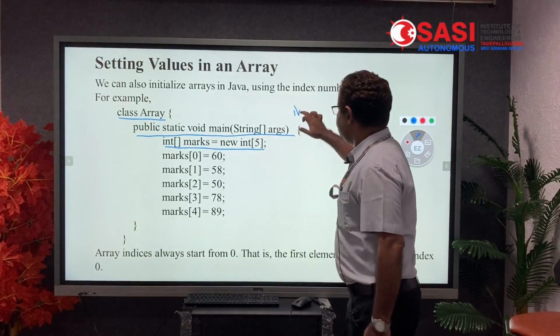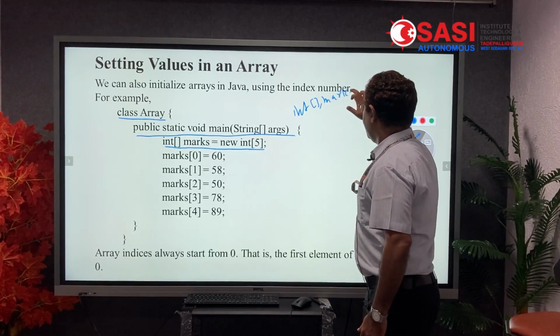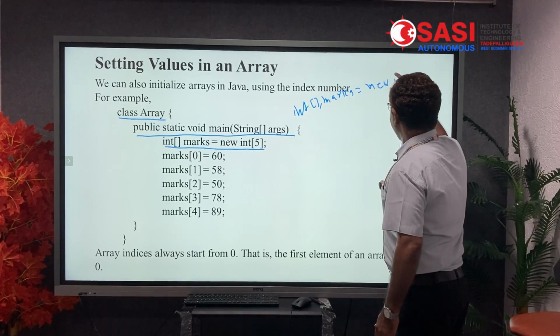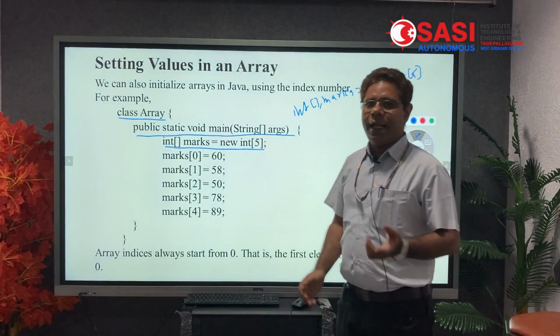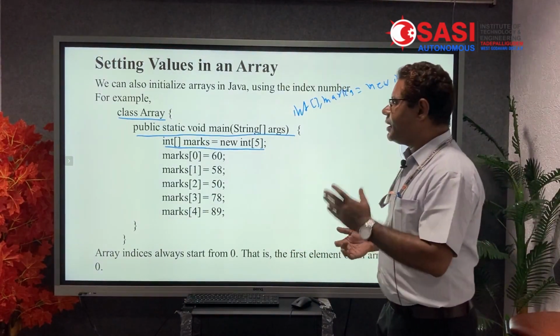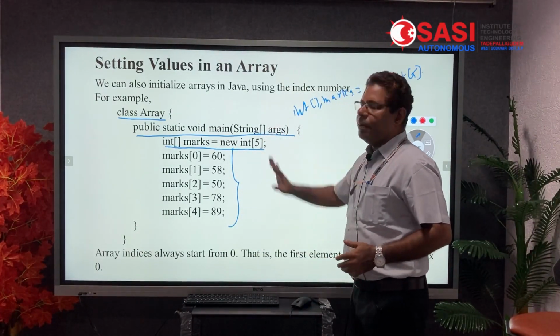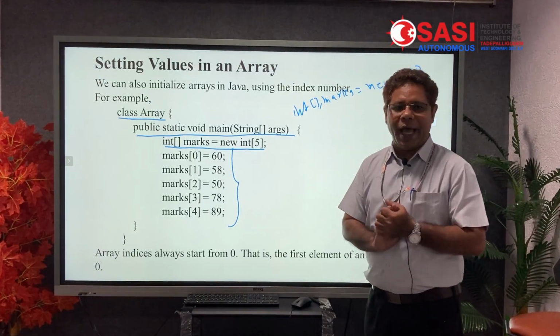So int marks is the declaration and creating memory location is new int of 5. In this way we declare an array and allocate the memory locations. Next step is assigning values. Totally we have 5 contiguous memory locations for the marks array.